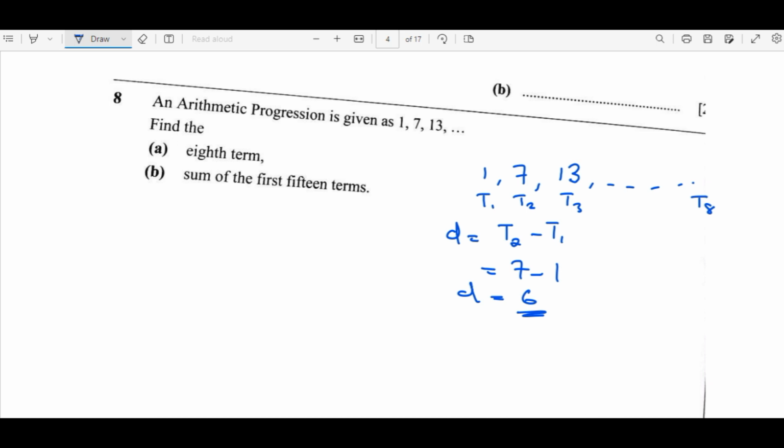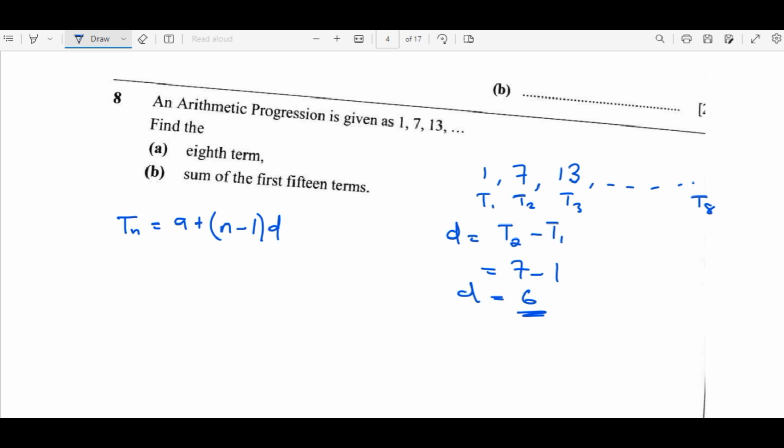So now to find the 80th term, we have to apply a formula which is Tn is equal to a plus open bracket n minus 1, you close, and then a d there. So we know that n means the question now, which is the 80th term.